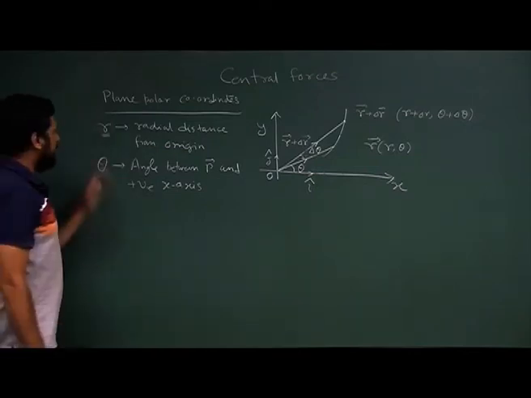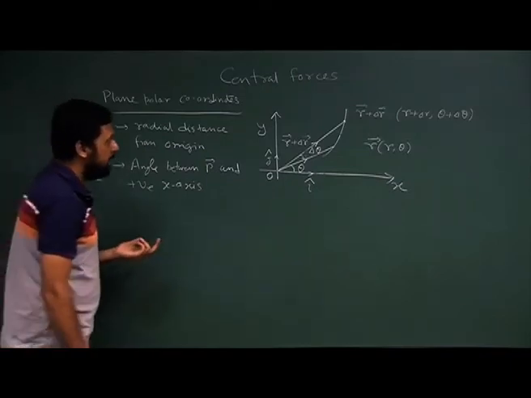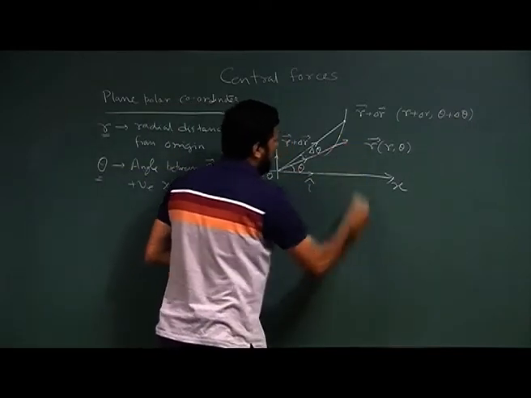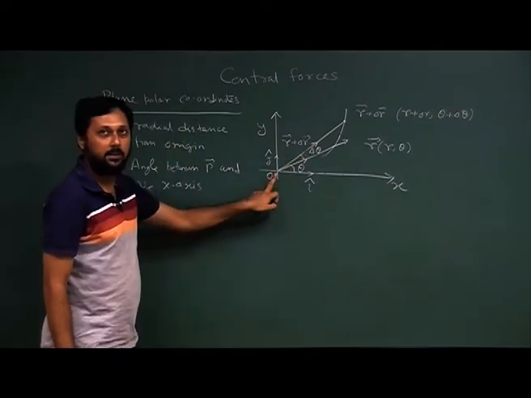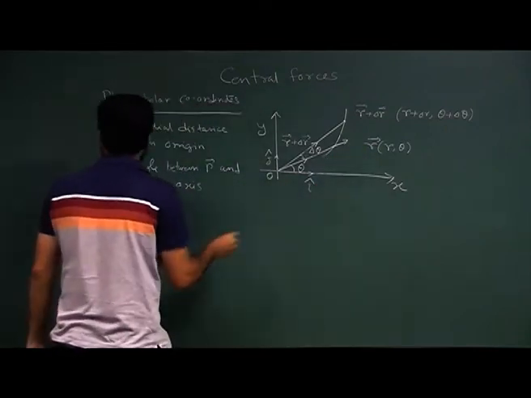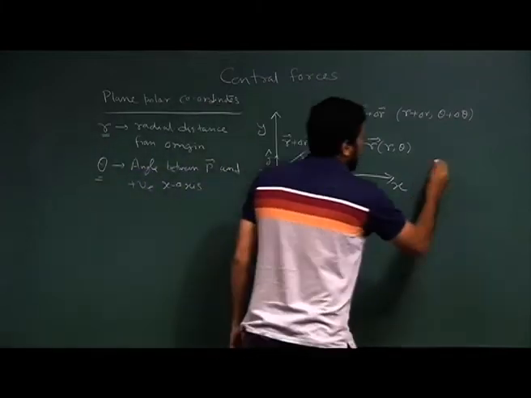Writing the unit vector along r is trivial, because the direction is the radial direction, pointing outward from the origin. We call this, like we have i and j.